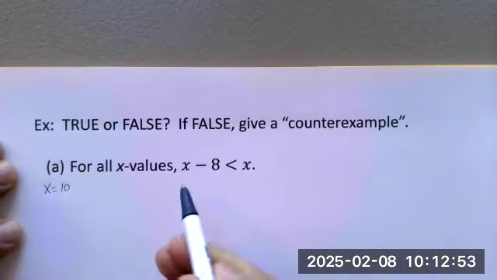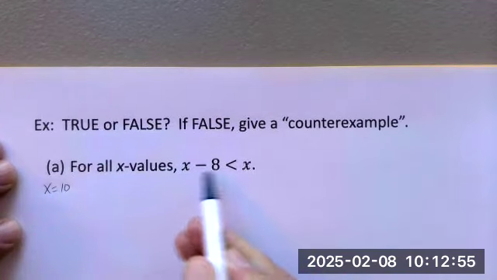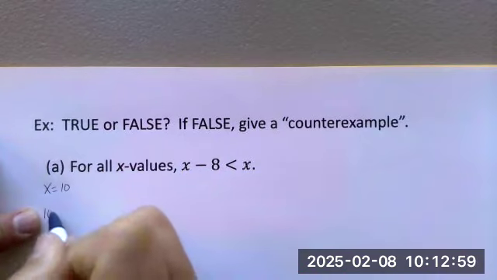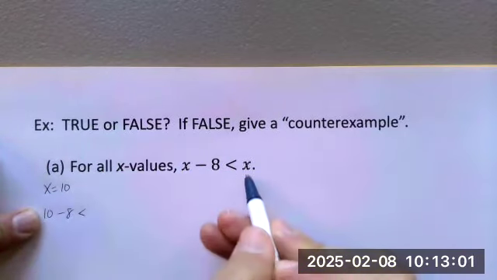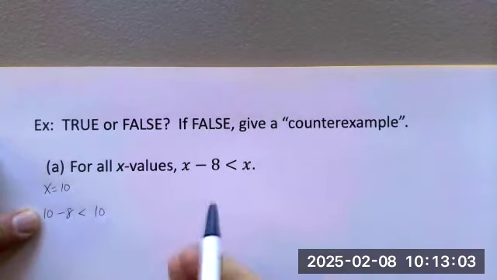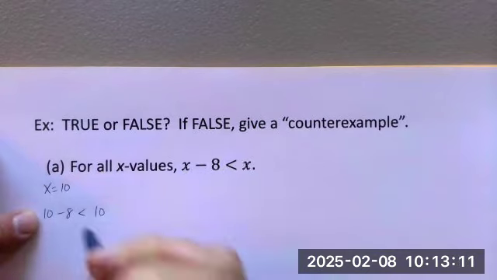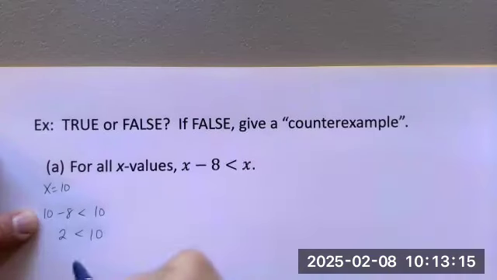What would that look like if I plugged 10 in each of those spots? Okay, if I were to put a 10 right there, that would say 10 minus 8, and then less than a 10 right there. So I'm plugging whatever number I picked in those spots. Is that true or false? Well, 10 minus 8 is 2. Is 2 less than 10?